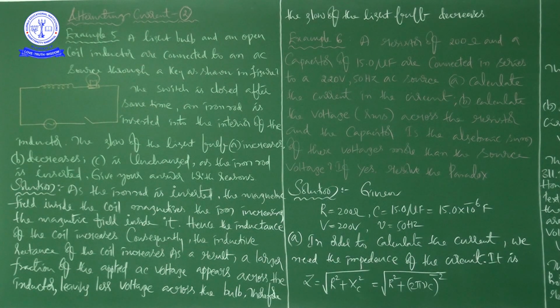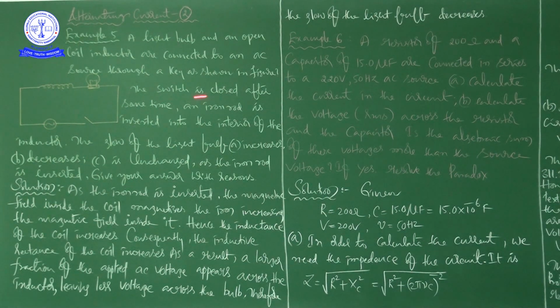So what he is saying is, a light bulb and an open coil inductor are connected to an AC source through a key, as shown in the figure. The switch is closed.